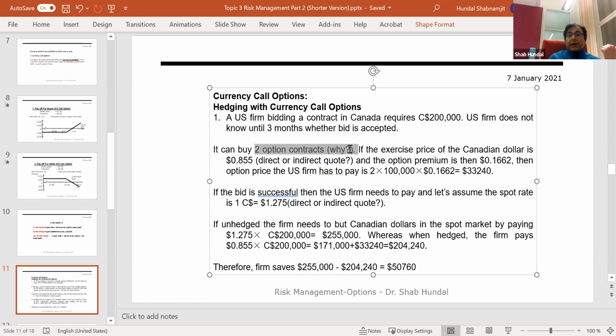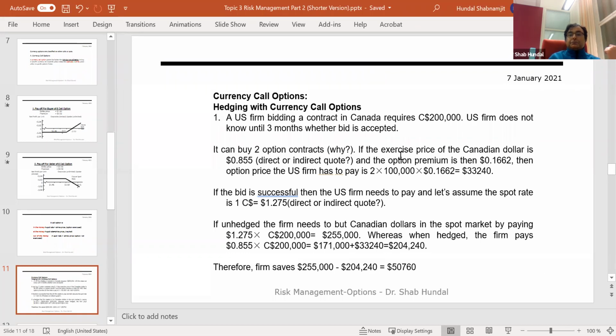And I put it here, why? Because if you look at the futures contract slides, there are certain standard sizes of the contract. And for the Canadian dollar, it was 100,000, the standard size of one contract. Nothing more, nothing less. It's indivisible. It's like a package of 100,000. Because you need 200,000, therefore, you need 2 option contracts. Okay.